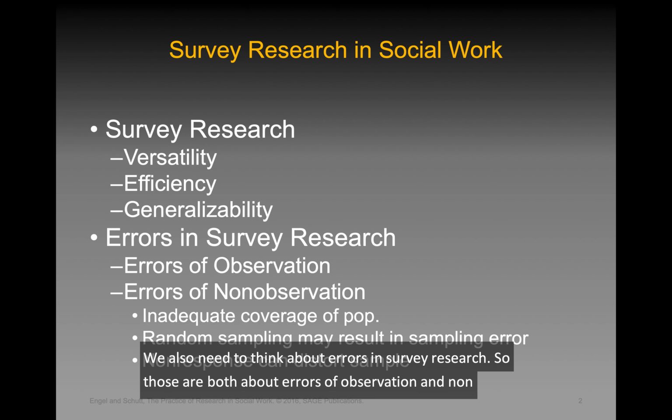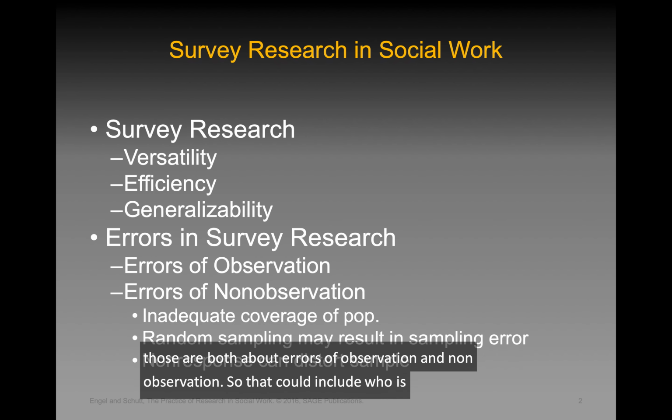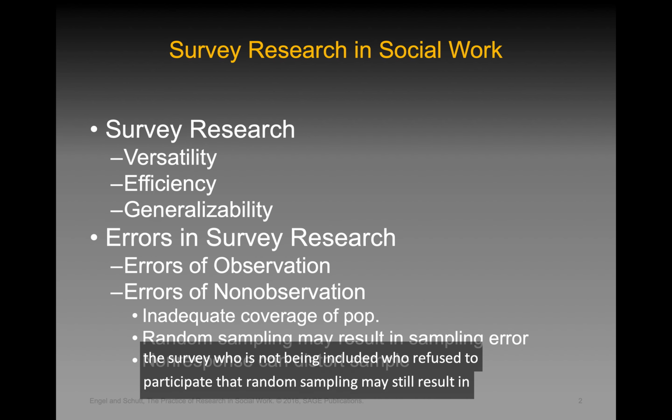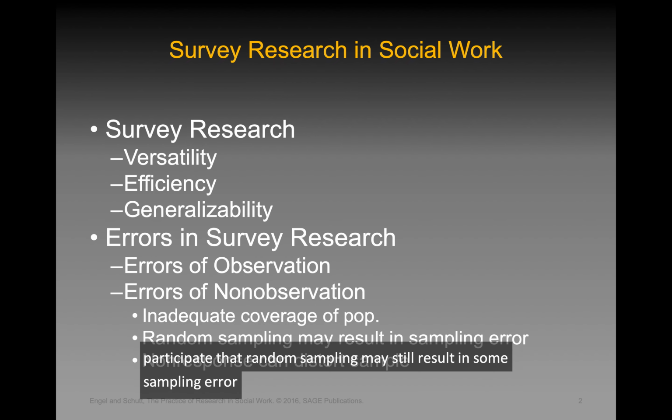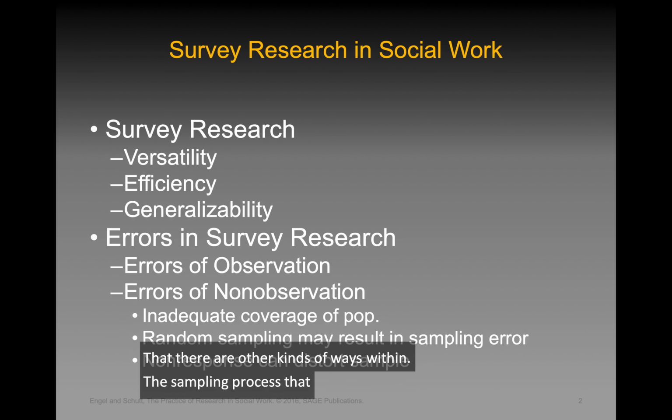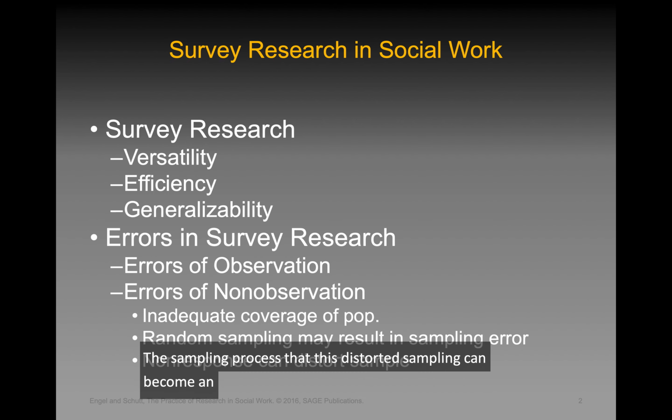That could include who's being missed in the survey, who's not being included, who refused to participate, that random sampling may still result in some sampling error, and that there are other ways within the sampling process that distorted sampling can become an issue. Those are ways in terms of non-observation.